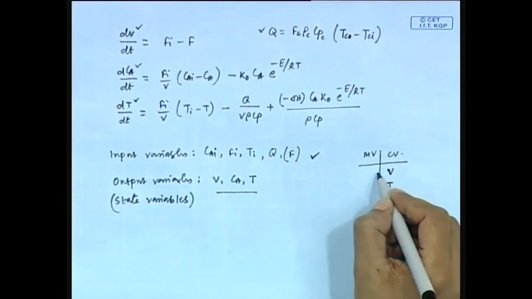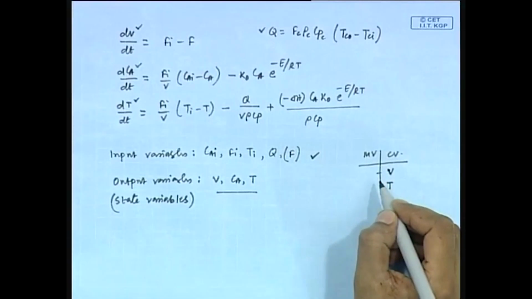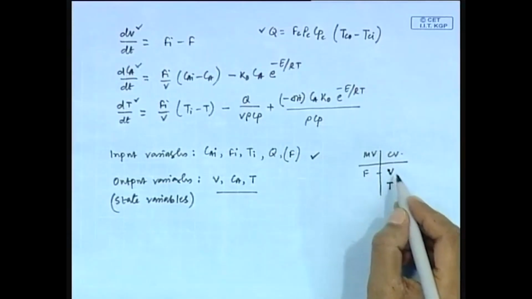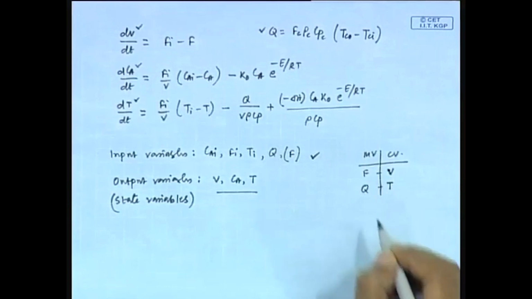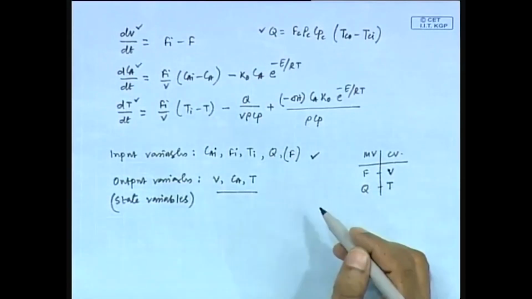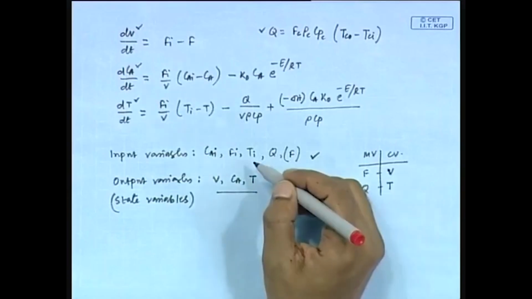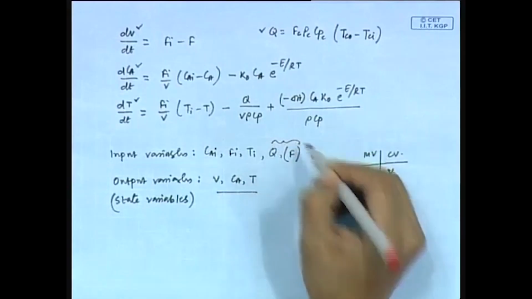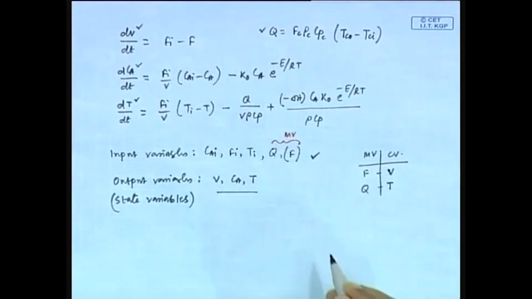Now, the corresponding manipulated variables are, if we consider F as the manipulated variable for V and Q as the manipulated variable for temperature, so Q and F, these two are basically manipulated variables.